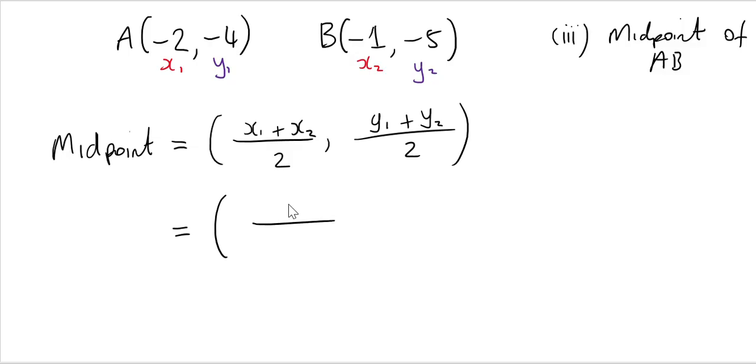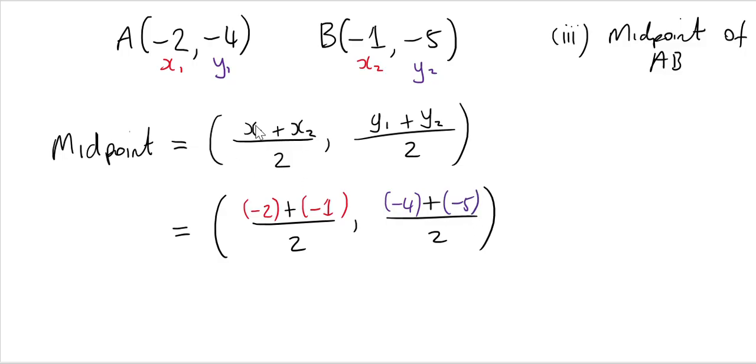In this one, again all negative numbers, so watch it here. So we throw in our brackets now. We've got x1, which is bracket -2. Our x2 is -1, so bracket -1. And then we've got y1, which is -4, and y2, which is -5.